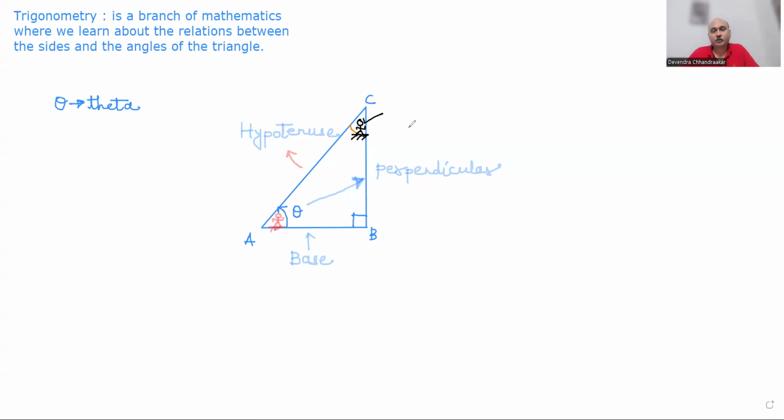Which side will be perpendicular and which side will be base according to this man? Type in the chat window. Let me say it in Hindi also: which side will be base and which side will be perpendicular when the man standing at C looks? So write the base first. Which side is base?